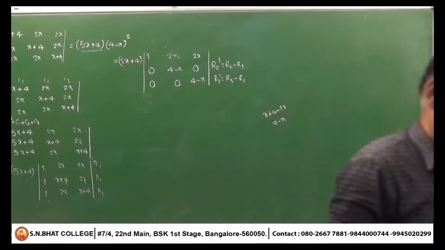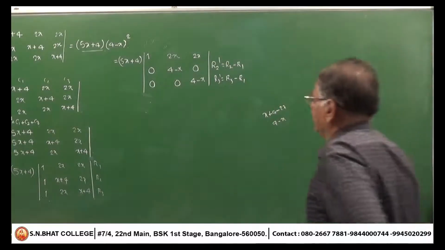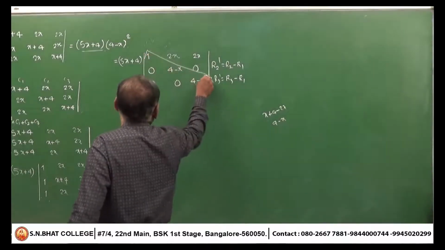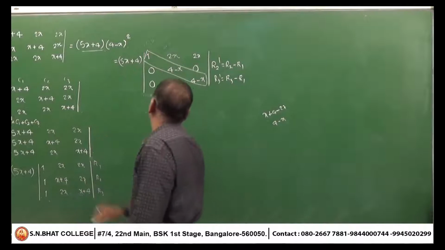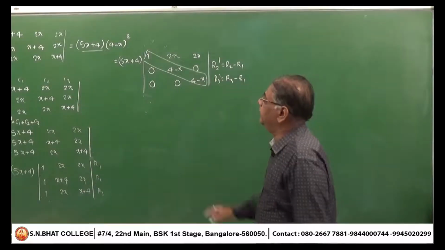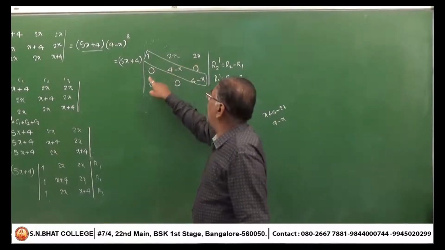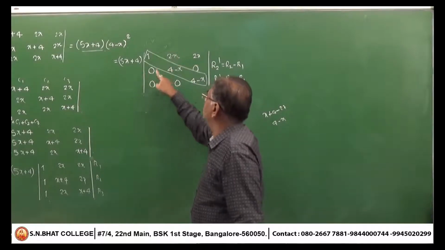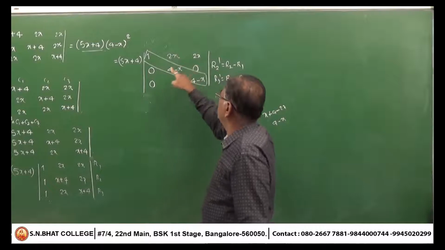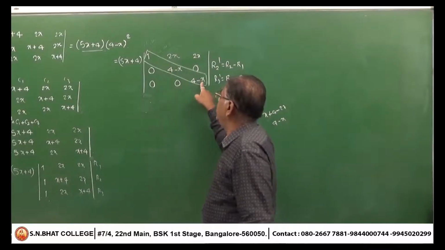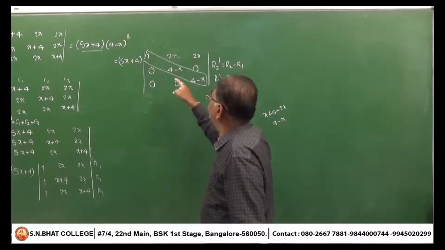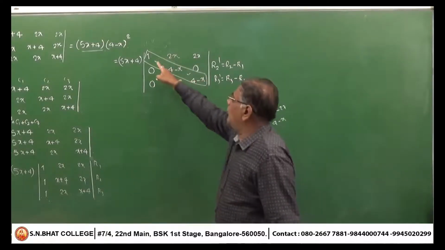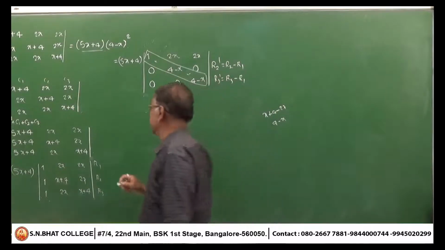4 minus x. See, in my last class, I have given the 7th property. This is the principal diagonal element. If the elements above or below the principal diagonal are zeros, then the value of this determinant will be equal to the product of the elements in the principal diagonal.